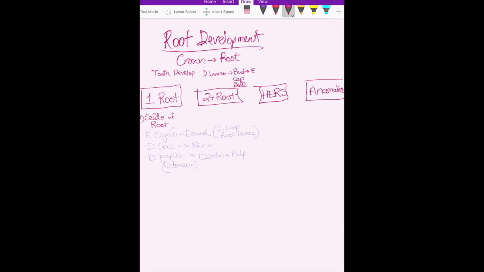So the root sheath is basically found at the cervical loop, and this is where the outer and the inner enamel epithelium are. As the tooth comes down and the crown is formed, you have this layer of inner and outer enamel epithelium. So this is your cervical loop.